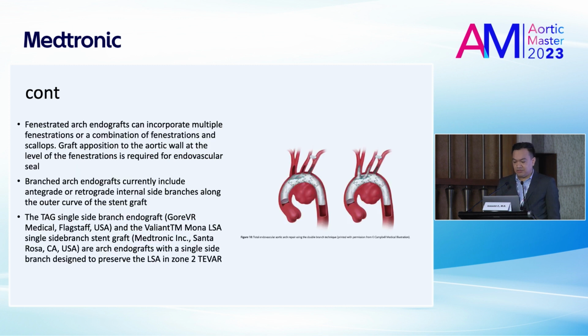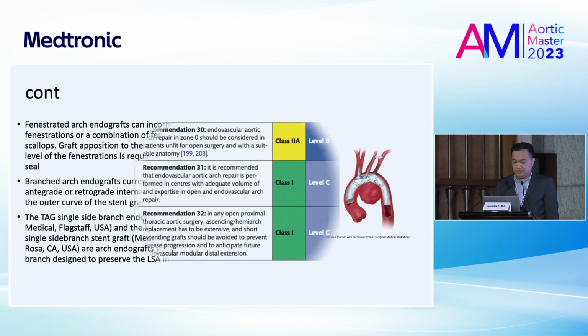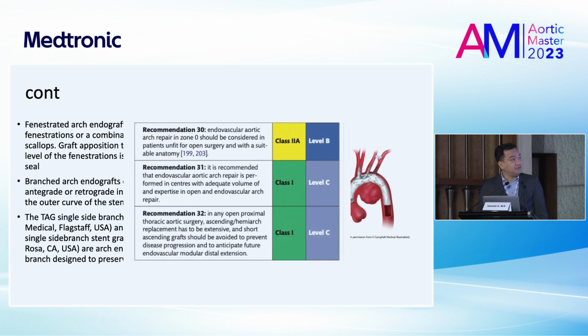If you talk about total endovascular repair, we need to talk about the fenestrated and branched endografts that are currently available, from GORE and also from Medtronic, basically the Valiant mono LHA. These are the recommendations that the audience can read to get a better understanding of the suggestions.